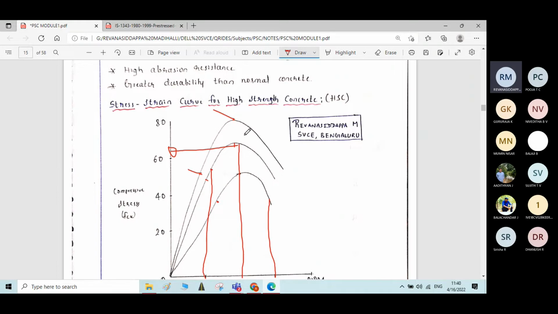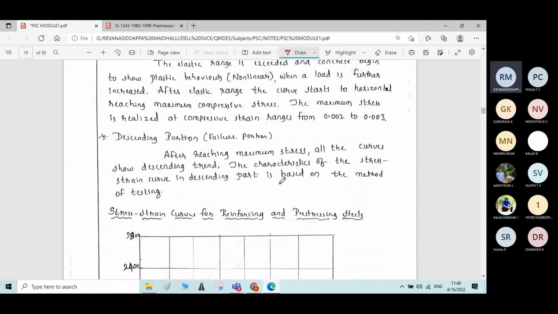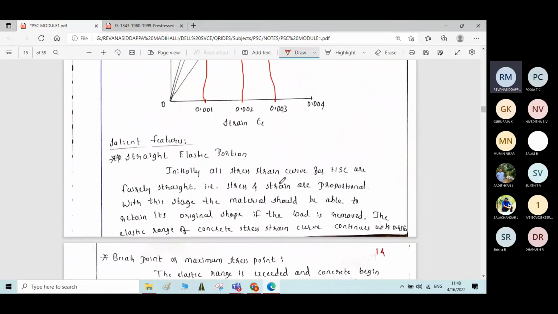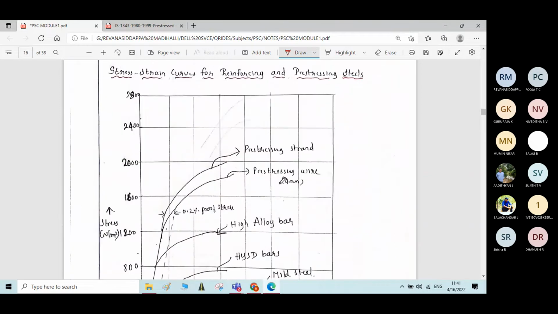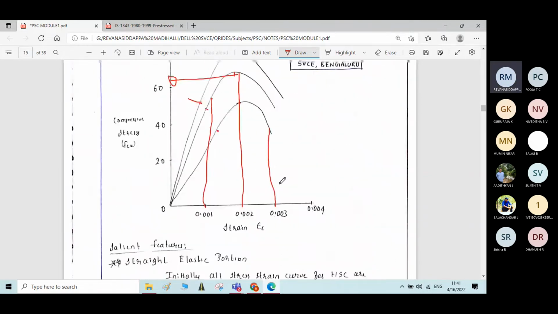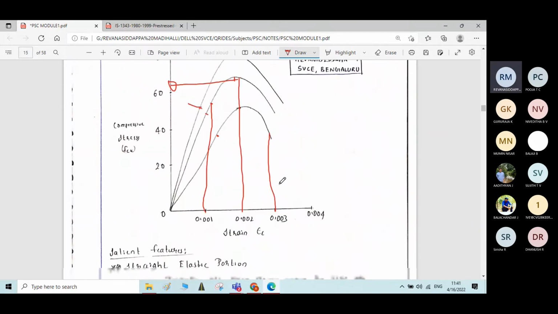Beyond that, we get the descending portion, meaning it will not take much load. The load goes on decreasing, and the corresponding strain increases. That is the descending portion or failure portion of the stress strain curve. So this is the study about high strength concrete.